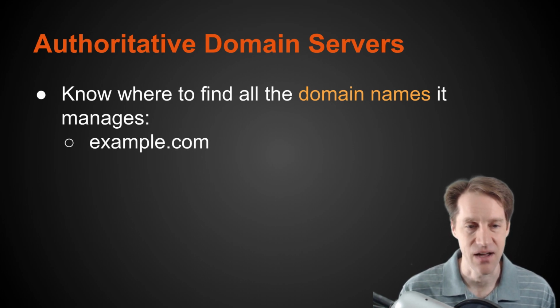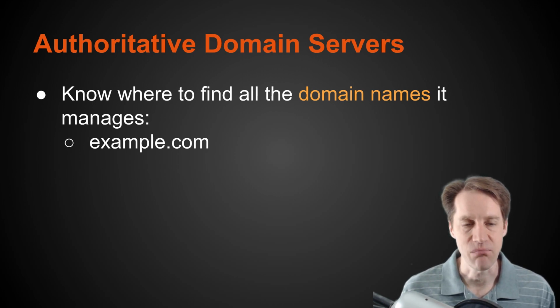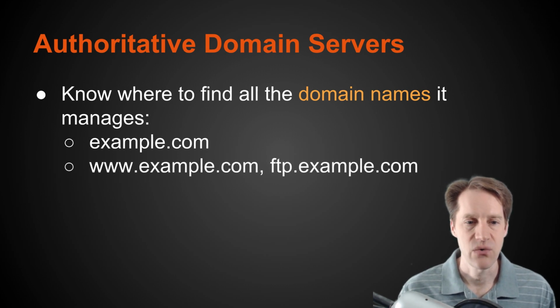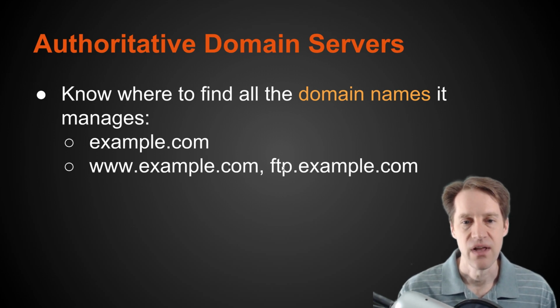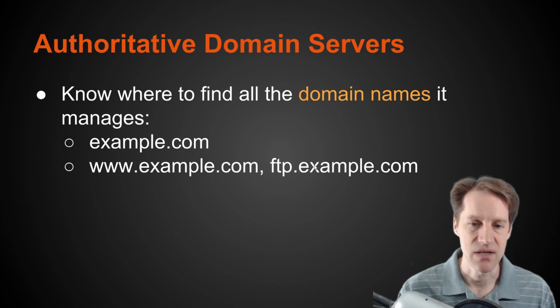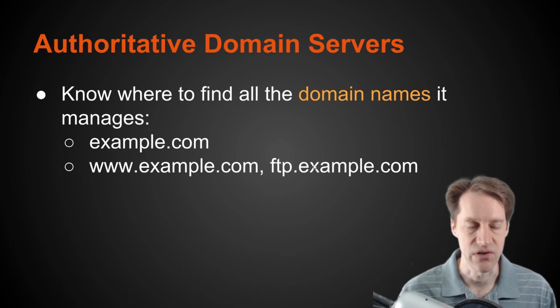So let's look at an example: example.com. Let's say you have this domain, example.com, where on this authoritative domain server, you configure it so that maybe you have a web address and anyone going to this web address, you want to send them to your web server. So you would put the IP address of your web server or web service and have your domain point to that IP address. Or if you have an FTP server, FTP meaning file transfer protocol, then you would point that domain name to the IP address of your FTP server.